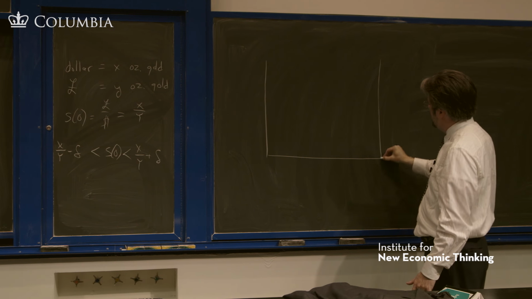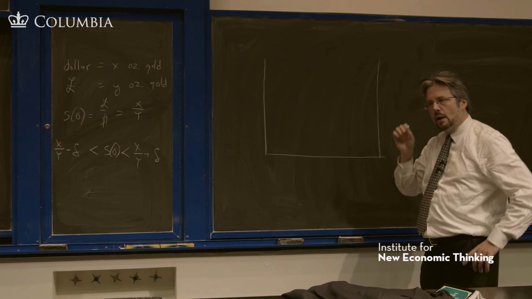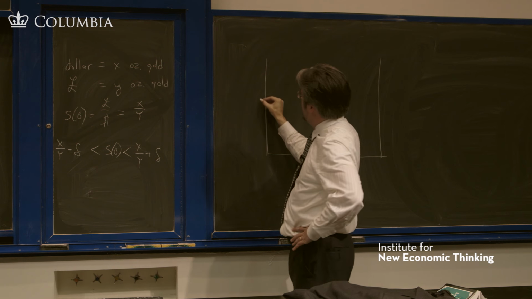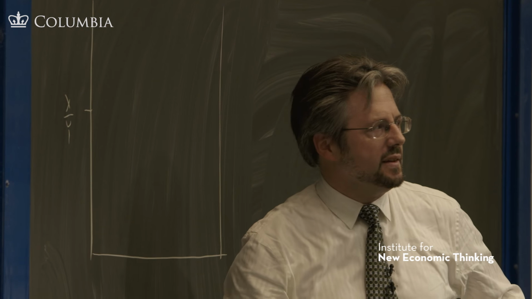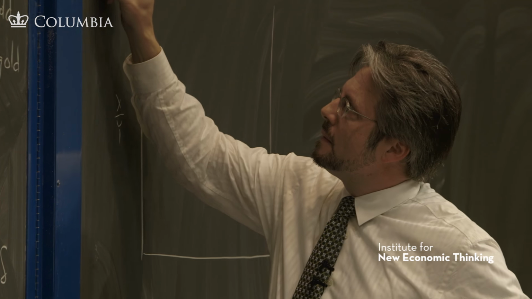So our dealer model always has, so we can put here X over Y. This is the exchange rate on this axis.